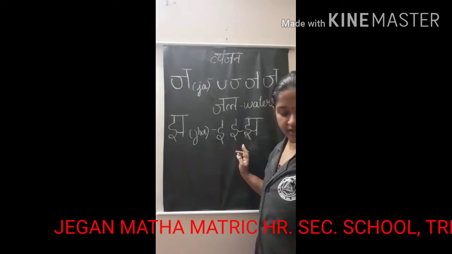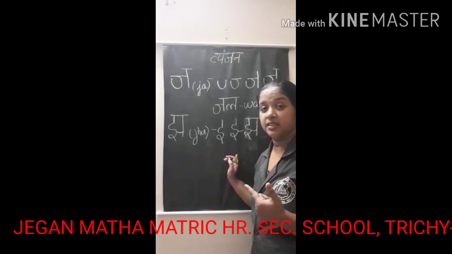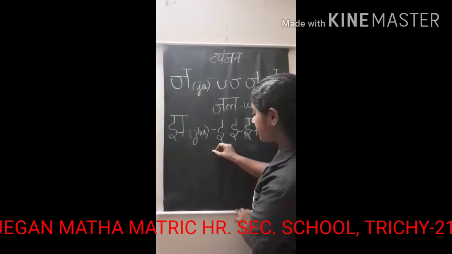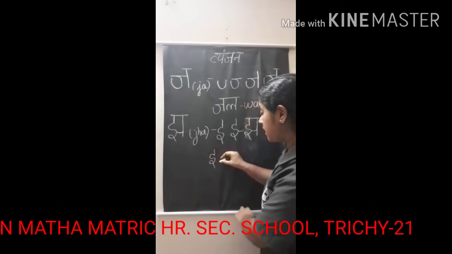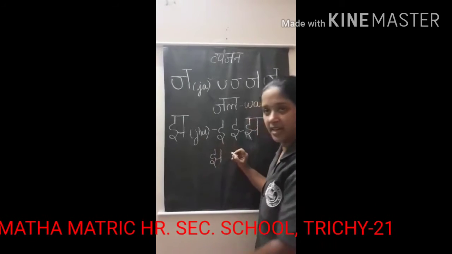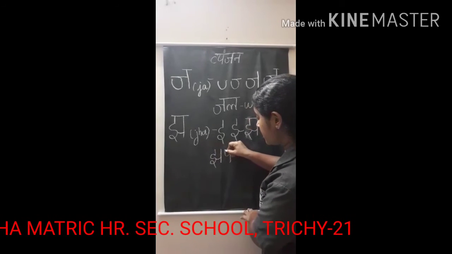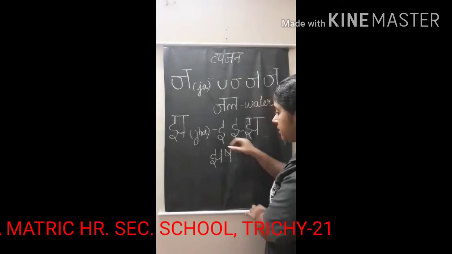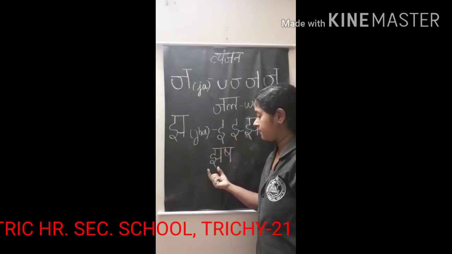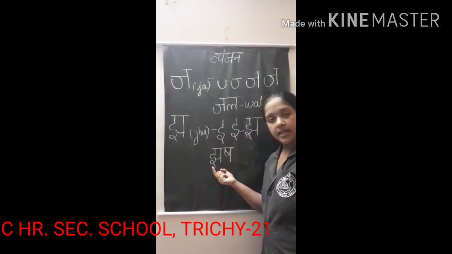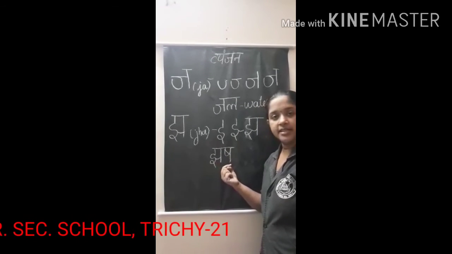Now by using the vyanjan jha, the word I can write is jhasha. This is the vyanjan jha, and this is the vyanjan sha, with the sleeping line. This is the word jhasha. It's a two-letter word. Jha is a vyanjan, sha is also a vyanjan. So jha, sha, jhasha.